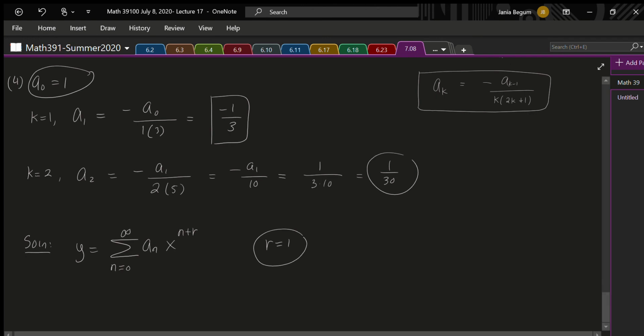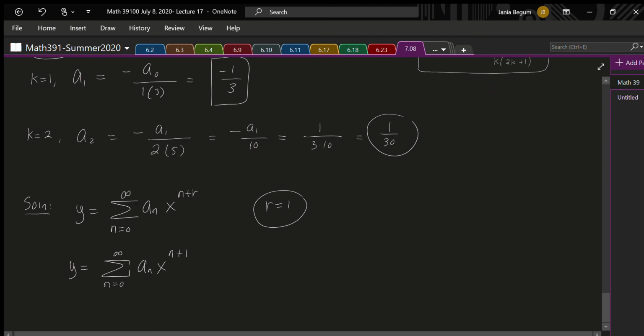So if r is equal to 1, we have y is equal to the infinite sum, n equals 0 to infinity a_n x to the n plus 1. And now let's write out some of the terms. And I'm also going to factor out x so that x to the 1 comes out. So we have x times the power series a0 plus a1 x plus a2 x squared plus a3 x cubed and so on, right?